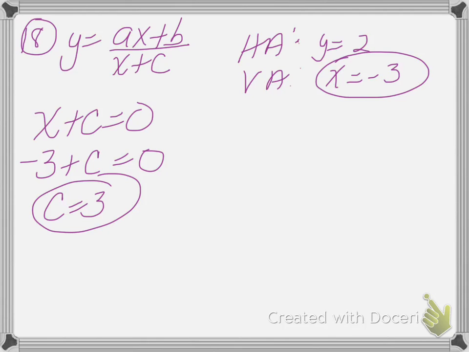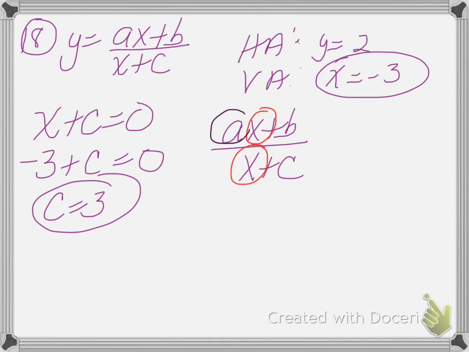Okay, now you know that there is a horizontal asymptote at y equals 2. So you have to compare the numerator to the denominator, and you hopefully notice that there's an exponent of 1 here and an exponent of 1 here. So the way that you find a horizontal asymptote is by taking the coefficients.